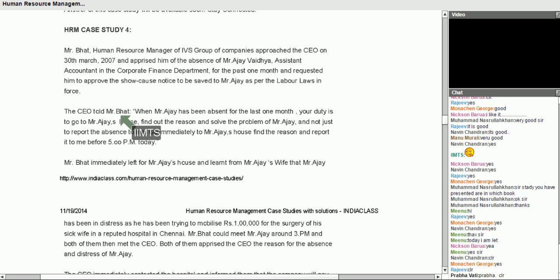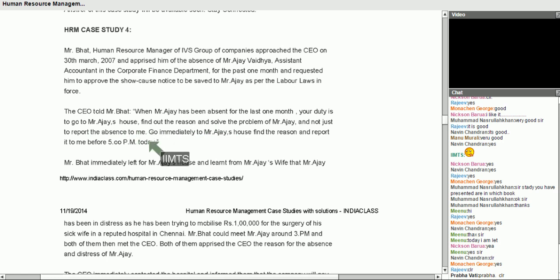The CEO told Mr. Bhatt, who is the HR. Now see the response of the CEO. The CEO told Mr. Bhatt, when Mr. Ajay has been absent for the last 1 month, your duty is to go to Mr. Ajay's house, find out the reason and solve the problem of Mr. Ajay, and not just to report the absence to me.